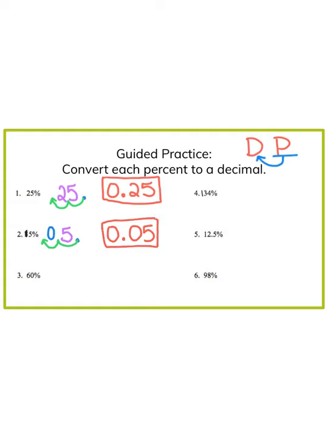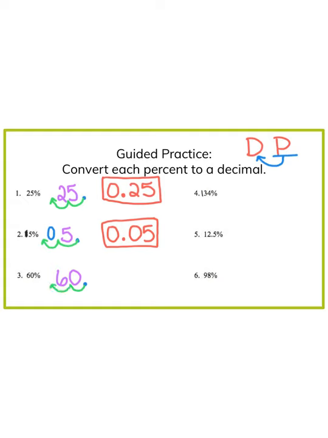In question number 3, we need to convert 60% to a decimal. I'm first going to write 60 off to the side. Again, I do not see a decimal point, so it's hiding behind my number on the right-hand side. I'm going to look at my Dr. Pepper method up at the top, and I'm moving from the P to the D, so I need to move my decimal point to the left 2 times. 1, 2.